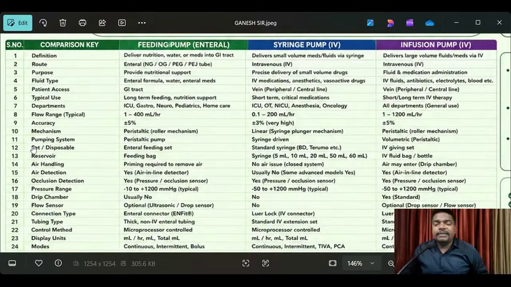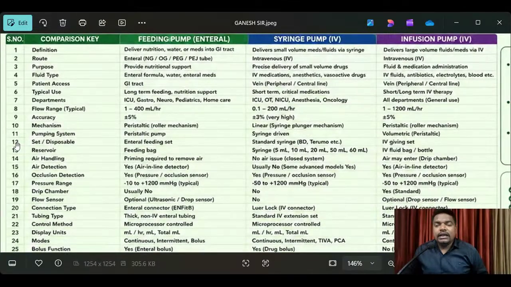And the 11th point, come here. Listen carefully. These are very interesting topics, and whoever requires them, definitely engage in my sessions. 11th point, pumping system. This is the comparison key point I took to compare the 3 equipment.